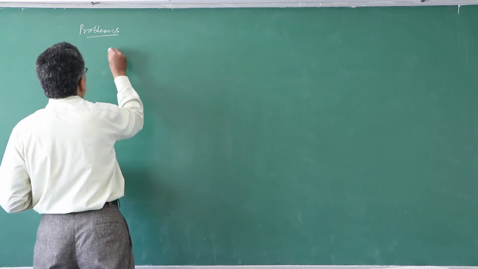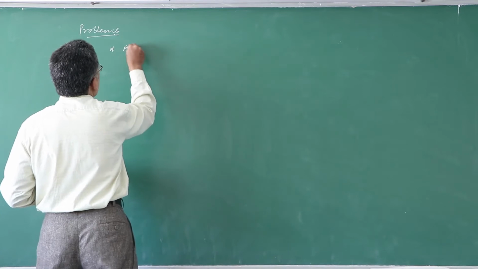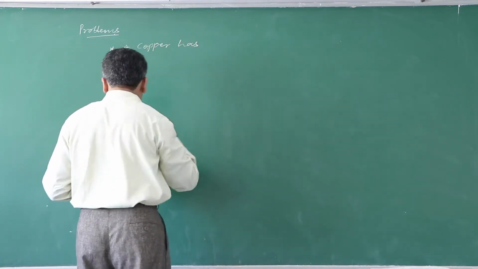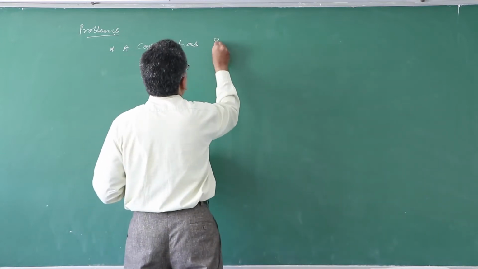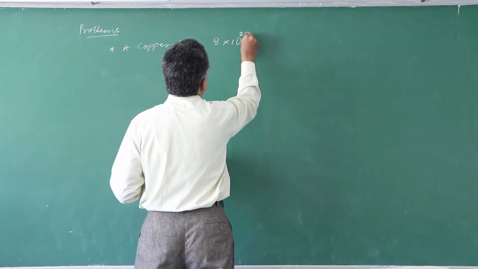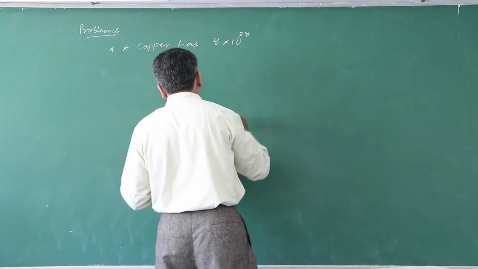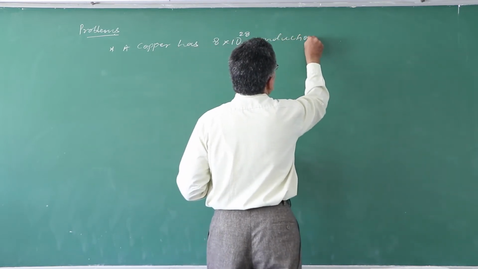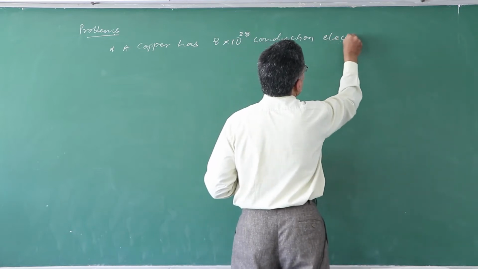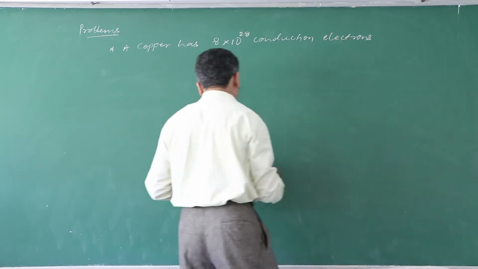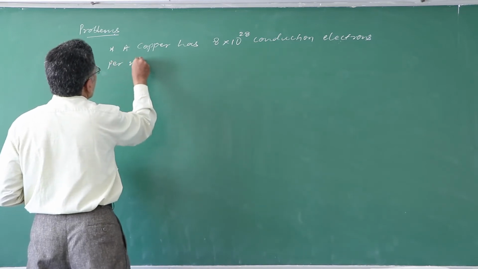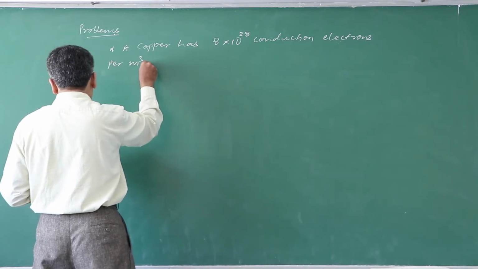A copper wire has 8 into 10 raised to 28 conduction electrons per cubic meter.